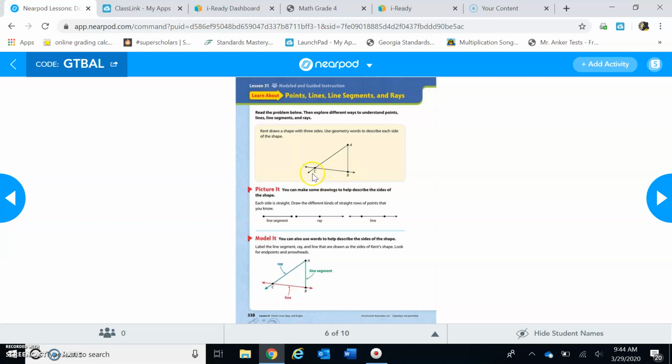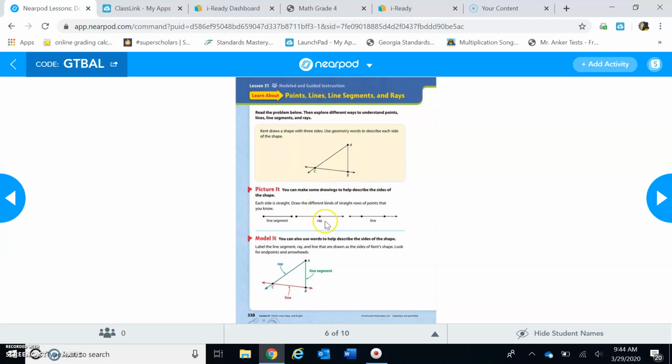Let's look at this, CA. Nope, that's not a line segment because one end has a point and the other end has an arrow. Let's look at this one, AB. I think we found it. The line segment has a point on each end. So this is line segment AB, or you can name it line segment BA.